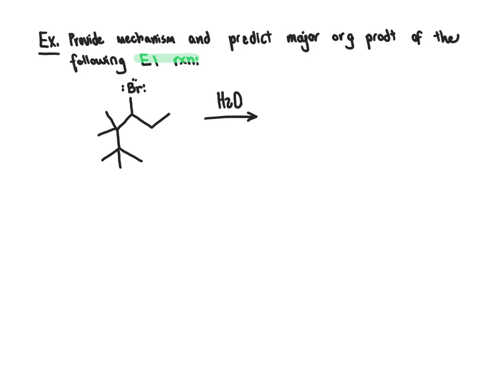So first things first, the first step of an E1 reaction mechanism, remember that E1 means the rate limiting step, is the formation of a carbocation where the leaving group breaks away from our starting material. So the first step here is that we break away that bromine, and that's our rate limiting step, the bromine leaving. The bromine is our electronegative atom, therefore it is our leaving group.